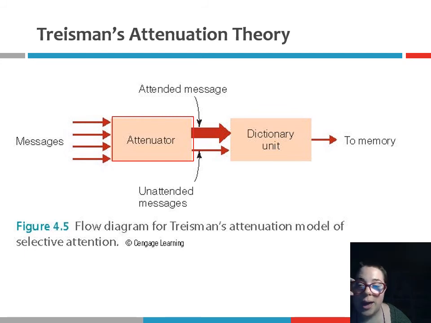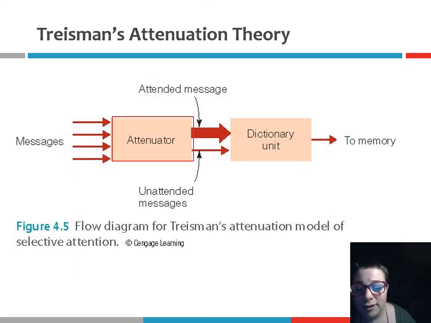So items that are personally significant to us have low activation thresholds, so that even when they're in the unattended channel or have very weak signal strength, we're still able to detect them.